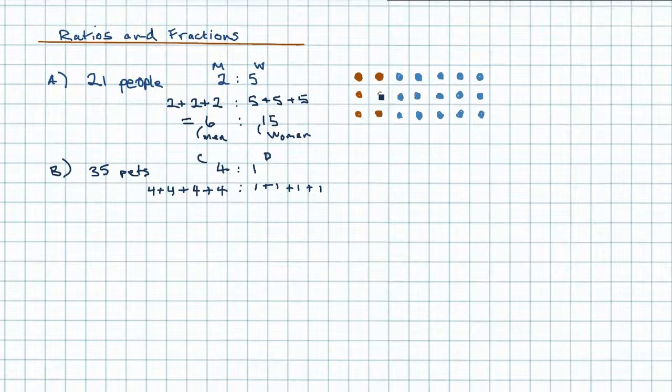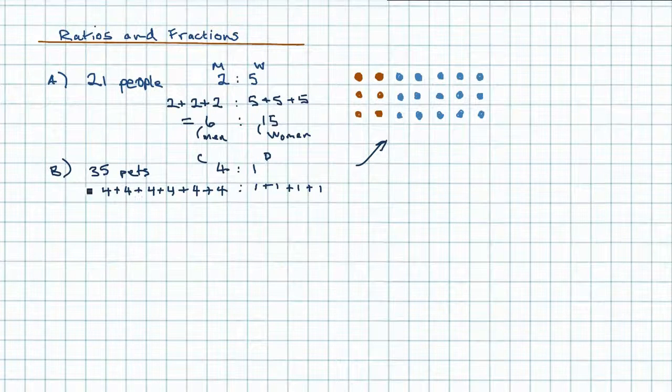So basically what I'm doing is adding rows just as we did up here. I've got the same number of rows on the left and the right hand side, but have I got 35 pets? Well, 4 add 4 add 4 add 4, that's 4 4s are 16, add 4, 20, so no, I haven't. So I have to keep going.